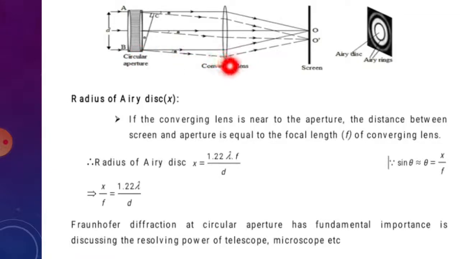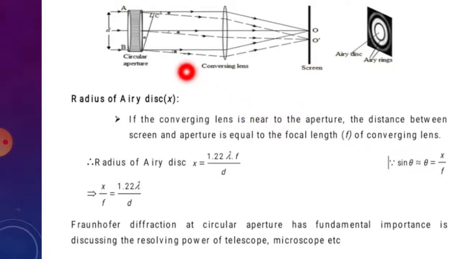Then the distance between the aperture and the screen is equal to the focal length, which is denoted by f.